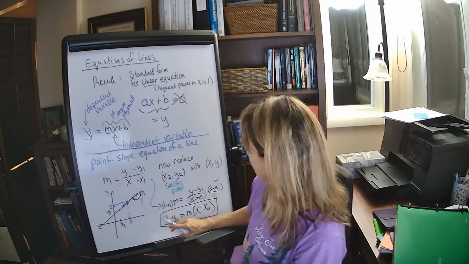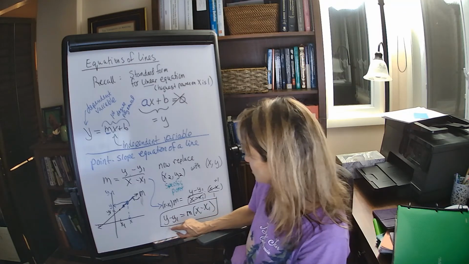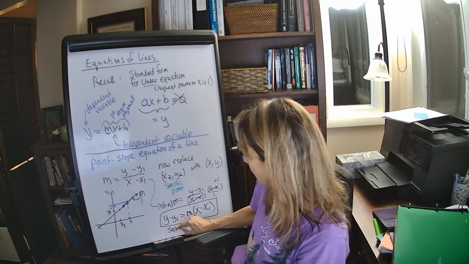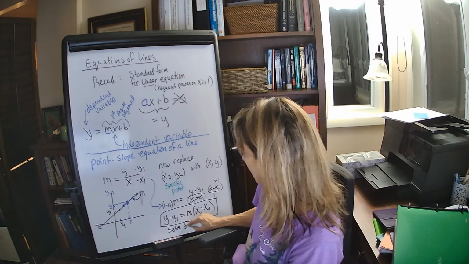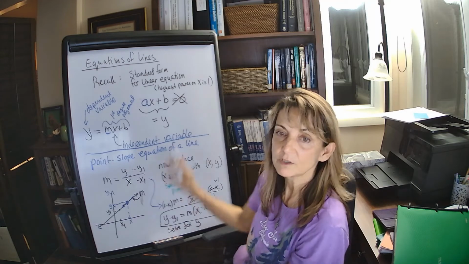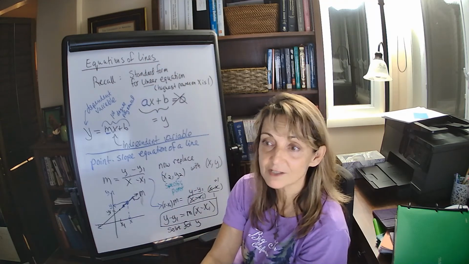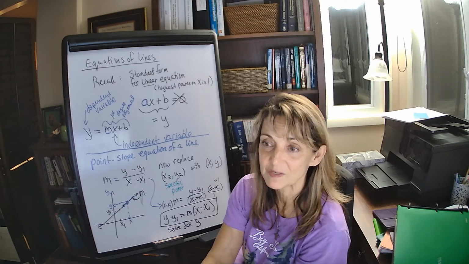So now I'm going to take this equation right here and solve for y. In order to do that, I'm going to need some more whiteboard. I'm going to clean this up, and I'm going to pause and start again when I have some.